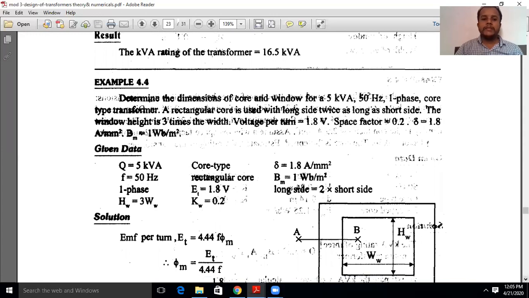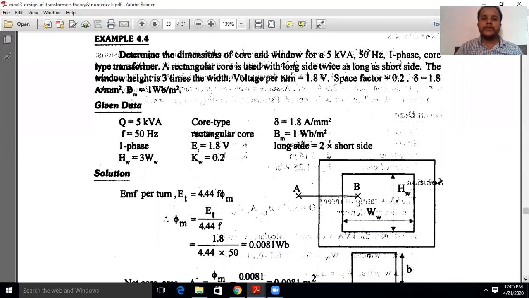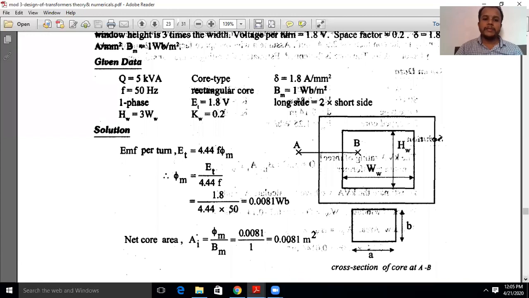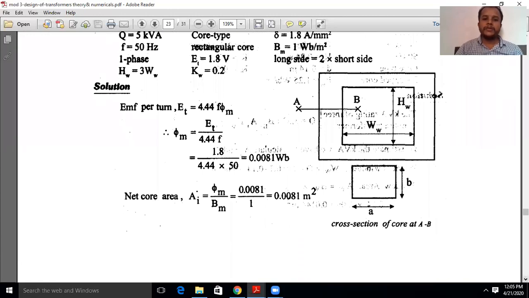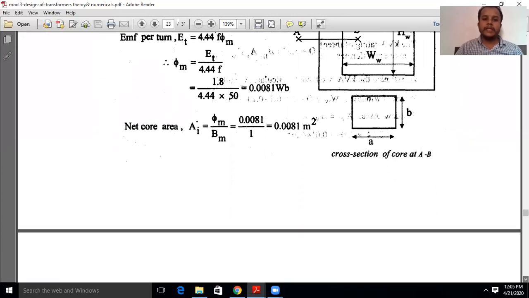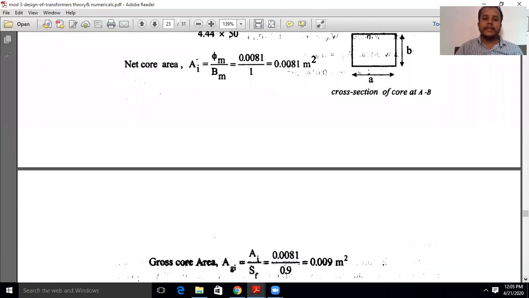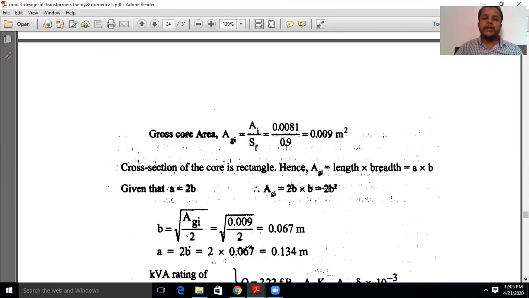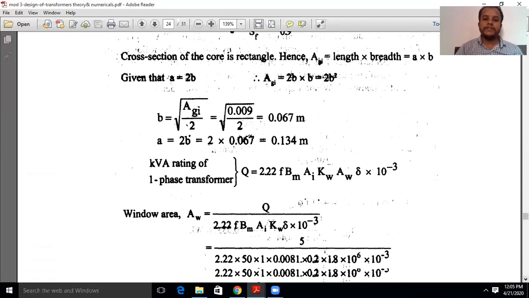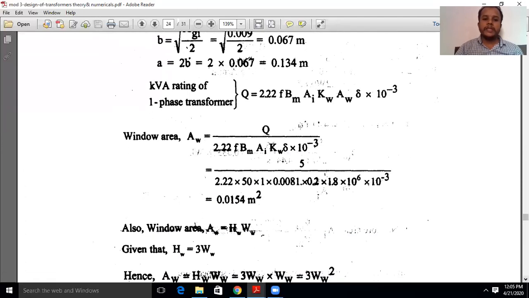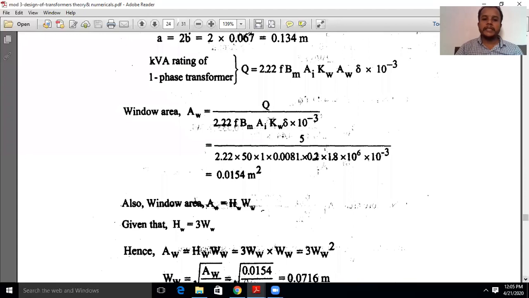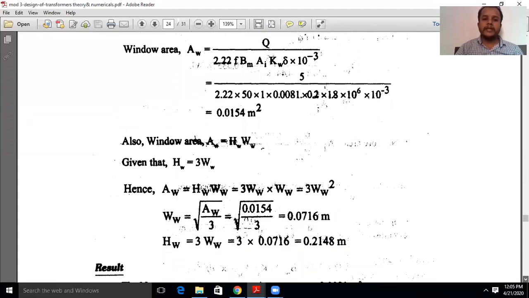So now we need to calculate the dimensions of the core and the window. First we need to go for the dimensions of the core, and then we need to go for the dimensions of the window. So this is whatever the example solved here.